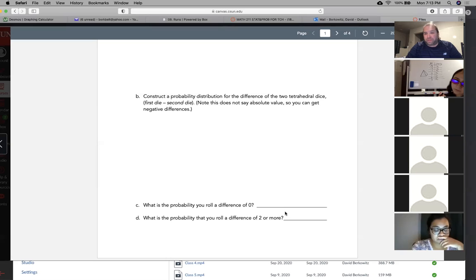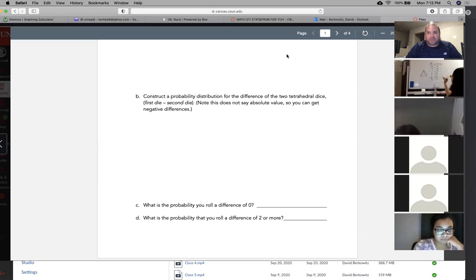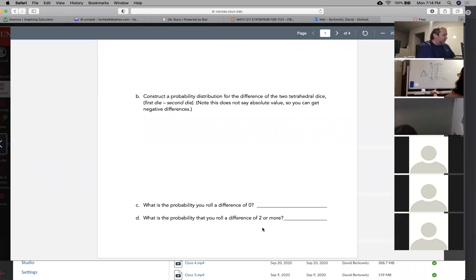It's 3 out of 16, right? A difference of 2 or more means a 2 or a 3, right? How is it 3? Isn't it 4? Well, how many ways can you get a difference of 2? 2. And how many ways can you get a difference of 3? 1. Well, that's 3 total, right? Oh, I miscounted. That's why.